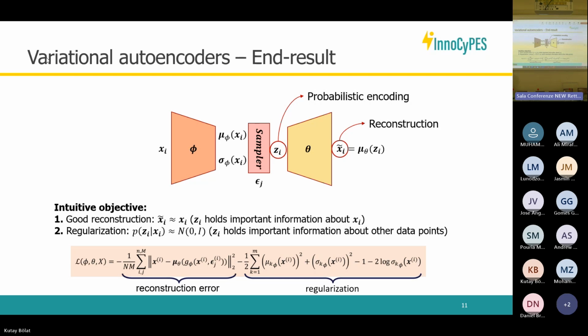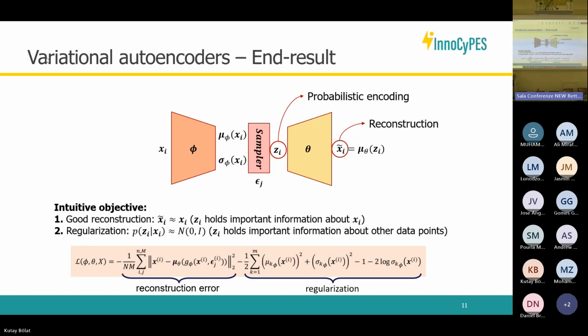So there are 2 objectives. We want a good reconstruction. We want to replicate whatever we have in the input, so that this pipeline first embeds some information about this xi into zi, and this decoder retrieves that information from zi and builds xi.